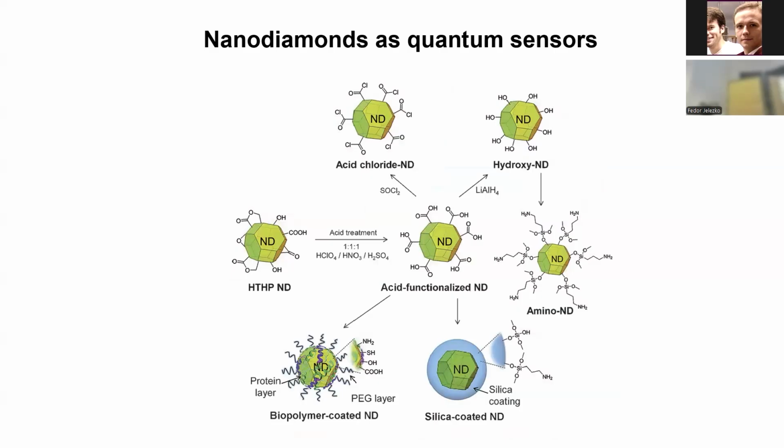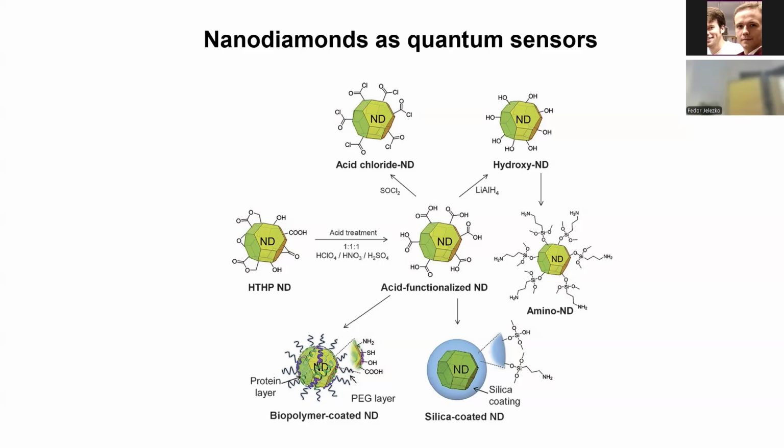There is a strong effort in making them target certain biological molecules, and this is essentially about creating surface groups, amino, hydroxy. There's also effort in making a functional shell out of proteins that have some targeting groups at the end, like antibody targeting reactions, or even hybrid particles having a silica coating.